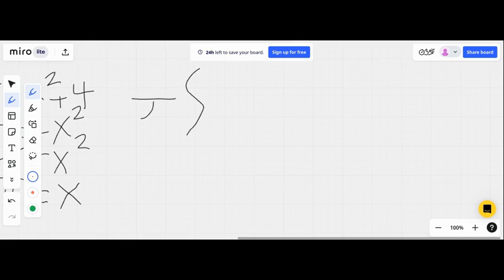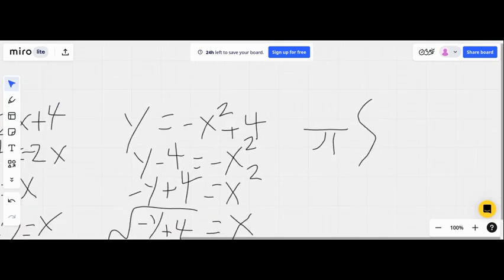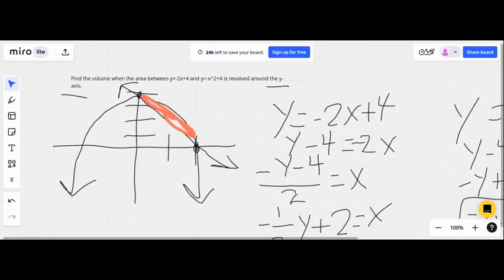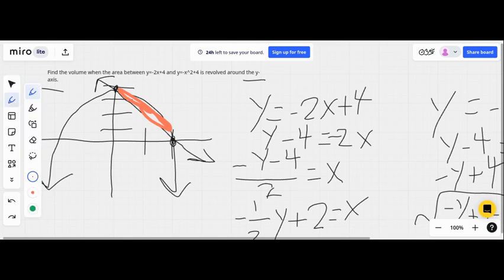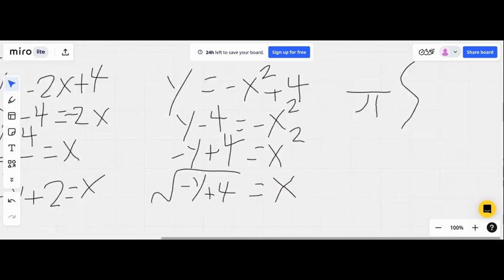So we can start setting up the integral now. We'll do integral times pi, since it's the washer method. And our bounds are from 0 to 4.